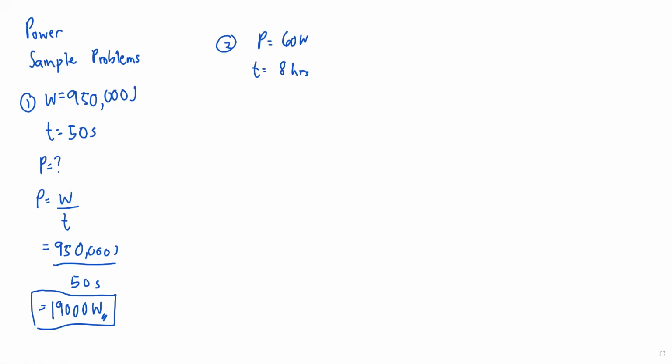But technically, di ba? Formula na 1 joule per second is equals to 1 watt. And then ang nasa given natin is naka-hours. So need natin siya i-convert into seconds. Okay?